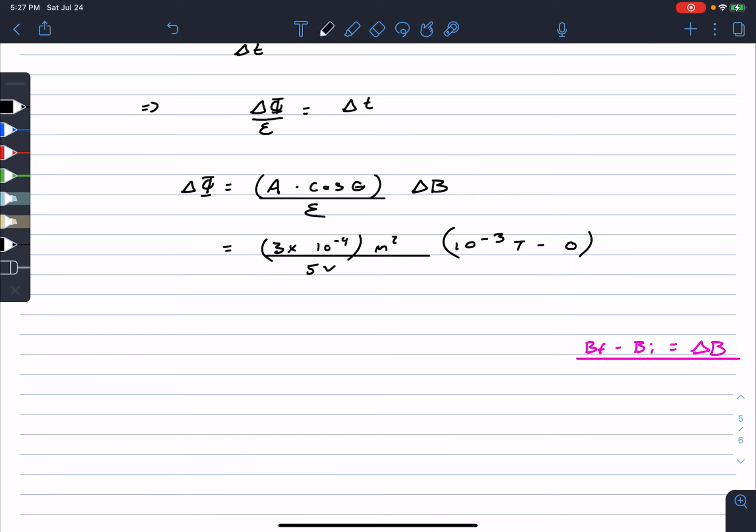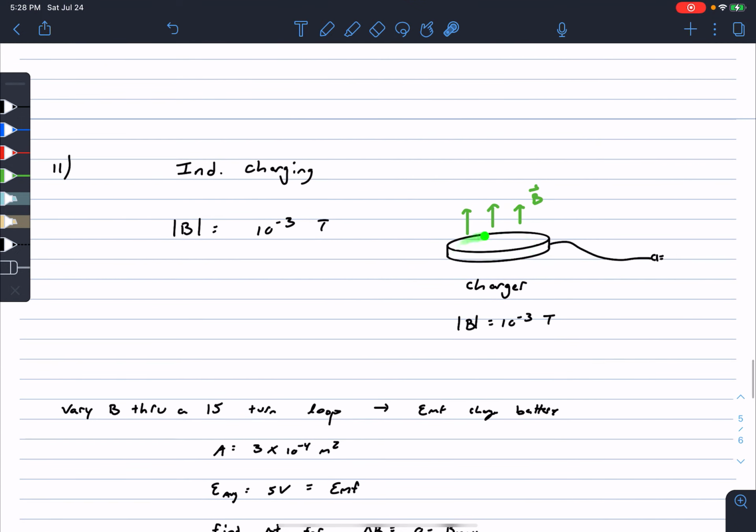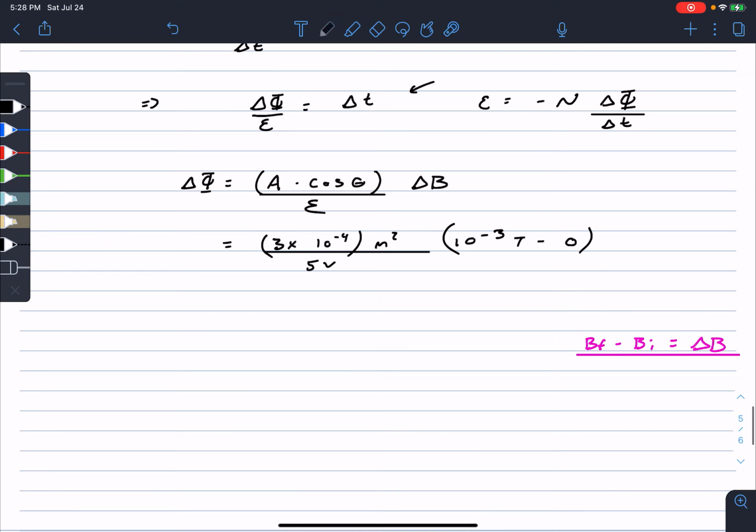Actually, it's important that we stop for a second and recognize that this is not explicitly the correct formula for the EMF. It is negative times the number of turns times the change in flux over the change in time. We are actually given a number for the number of coils within this charging station. So we have 15 turns around the coil. Okay, so that's important. We have to use that.